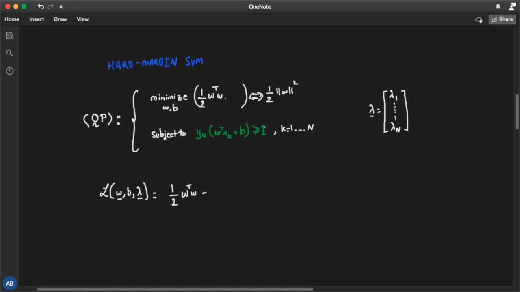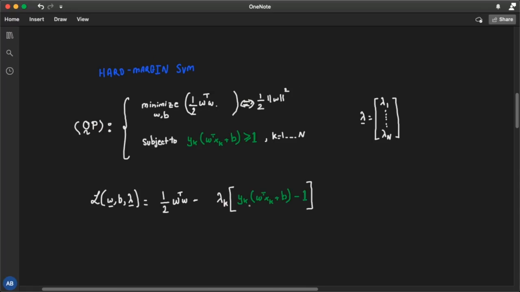That is, I'm going to get the 1 on the left hand side. It's a minus 1, so I'm going to multiply lambda k with the kth constraint when 1 is on the left hand side, so the constraint is positive, and hence I'm going to get yk into w transpose xk plus b minus 1. And don't forget that we're going to sum over all such weighted terms.